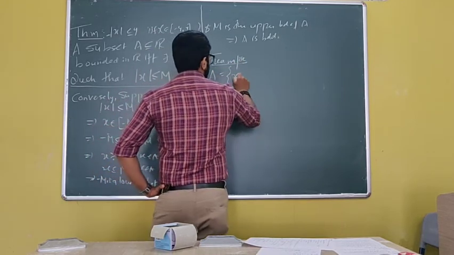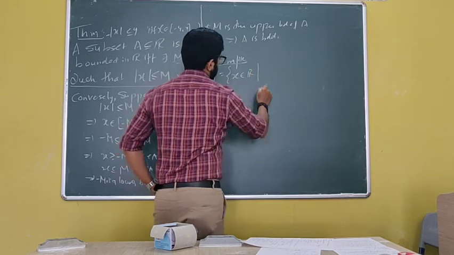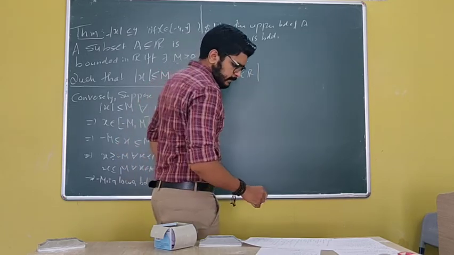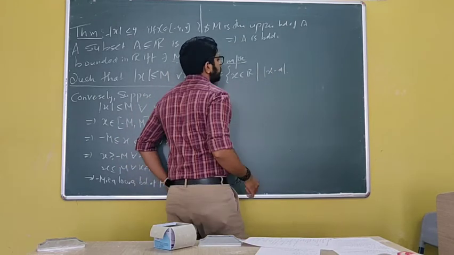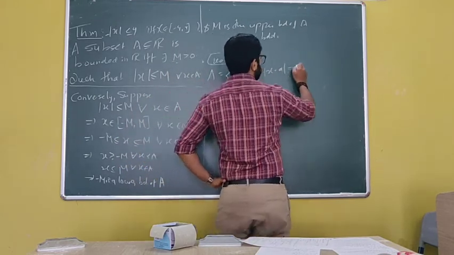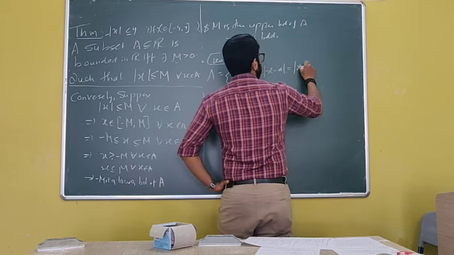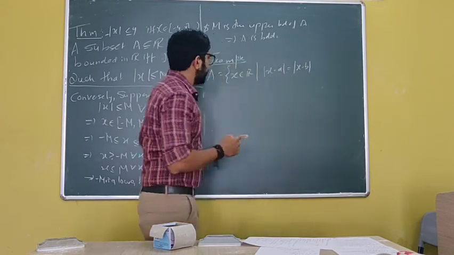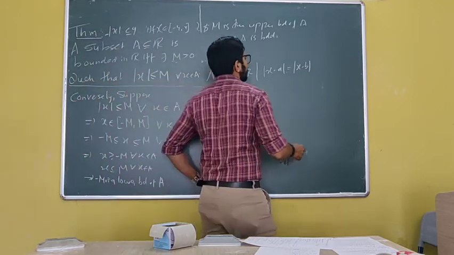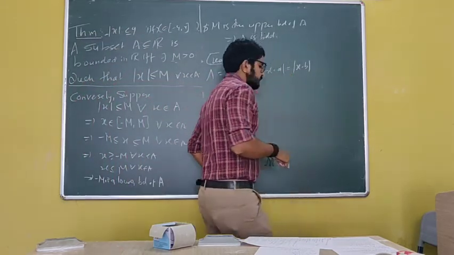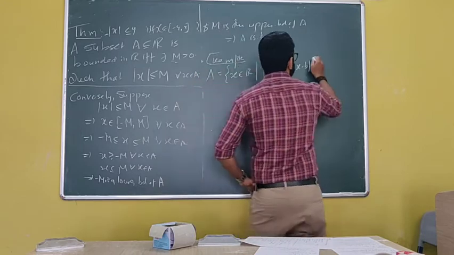Let's look at this set of all x in R such that the distance between x and a is the same as the distance between x and b. So if the distance between x and a and x and b are the same, then x must be the midpoint, right?